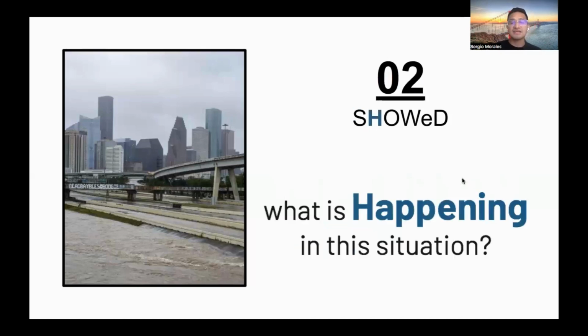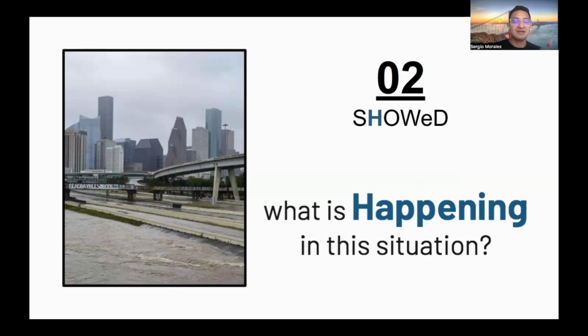Then this brings us to the second question, the H: what is happening here? In this picture, you could see that it rained, but the context is that it's not just your typical rain. It's the rain that happened after Hurricane Beryl hit Houston. The city in this picture is Houston, which is my hometown, and that's also why I'm talking about this picture.